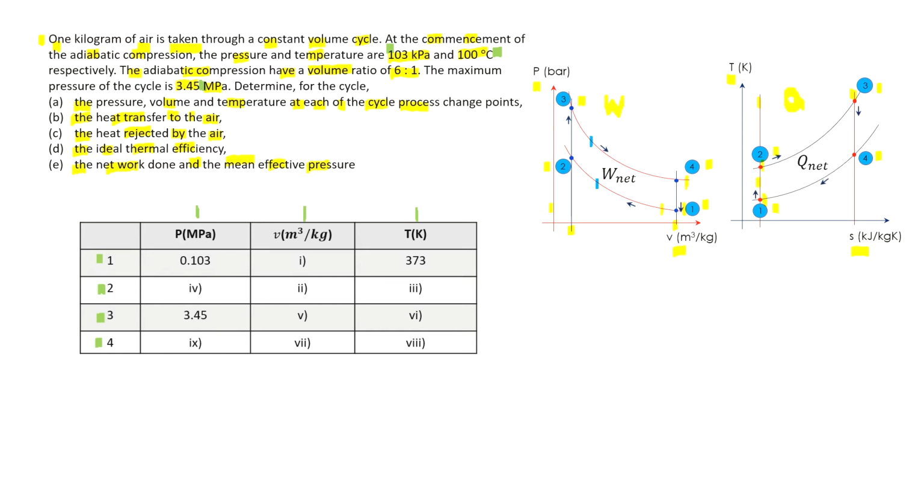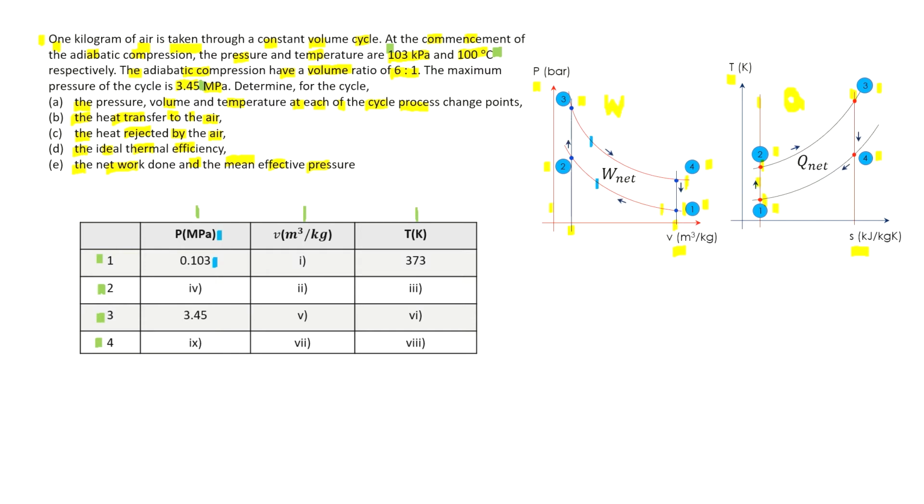So at the commencement, that should be your point 1. At point 1, you have a pressure of 103 kPa. If, for example, you want to make it MPa, it should be 0.103. Instead of MPa, you can put bar as well.